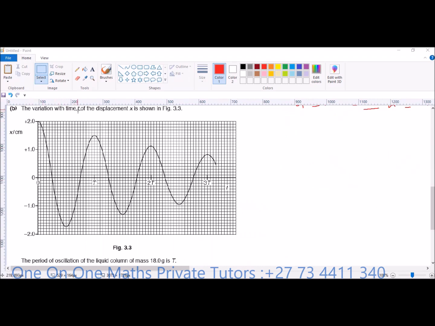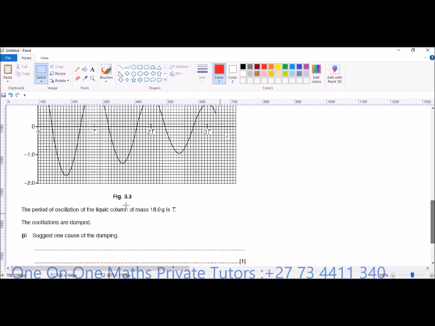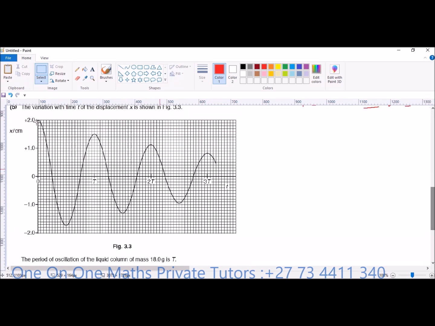The variation with time of the displacement x is shown in Fig 3.3. This is the displacement with time. You can see the amplitude is being lost as we move with time. The period of the oscillation of the liquid column is T. Let's look at it: one oscillation, T; another oscillation, 2T; another oscillation, 3T.